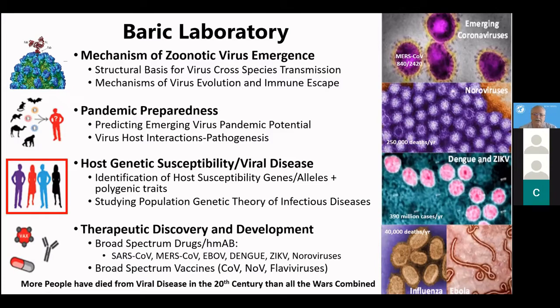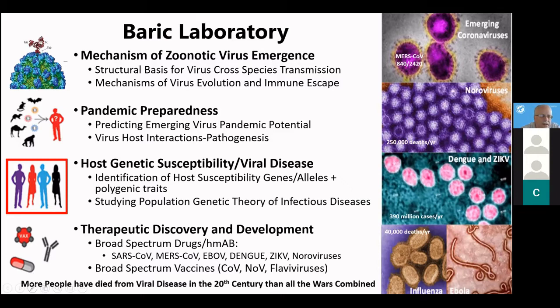In some work I'm not going to talk about today, we've done extensive work on studying the host susceptibility loci that regulate emerging coronavirus pathogenesis using model systems that mimic outbred human populations. This includes the collaborative cross mice, and we currently have around 60 quantitative trait loci that regulate the pathogenesis of the SARS coronaviruses.